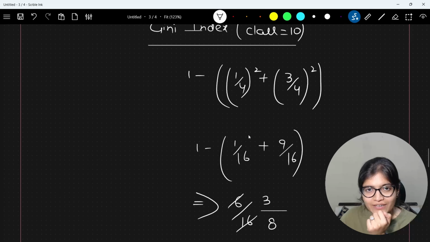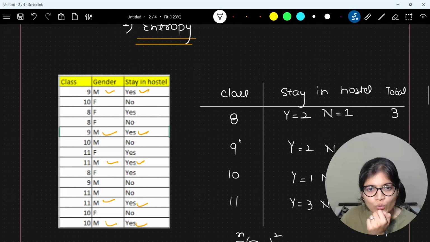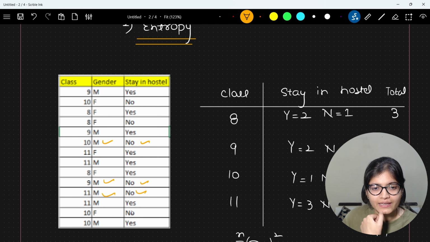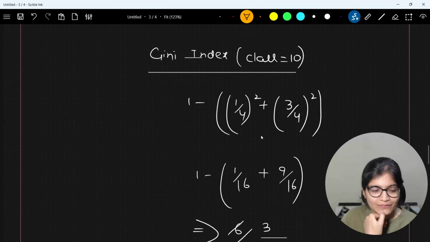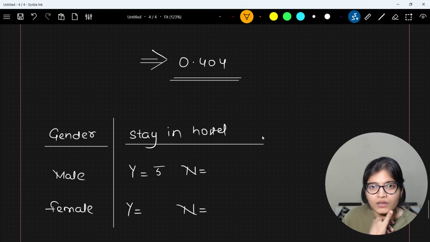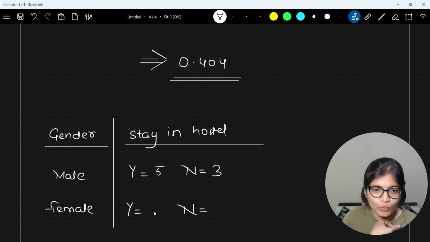How many records are there which are male and no? Here, if you observe, male and no, 1, 2, 3. So in total, there are 3 records with respect to male and no.